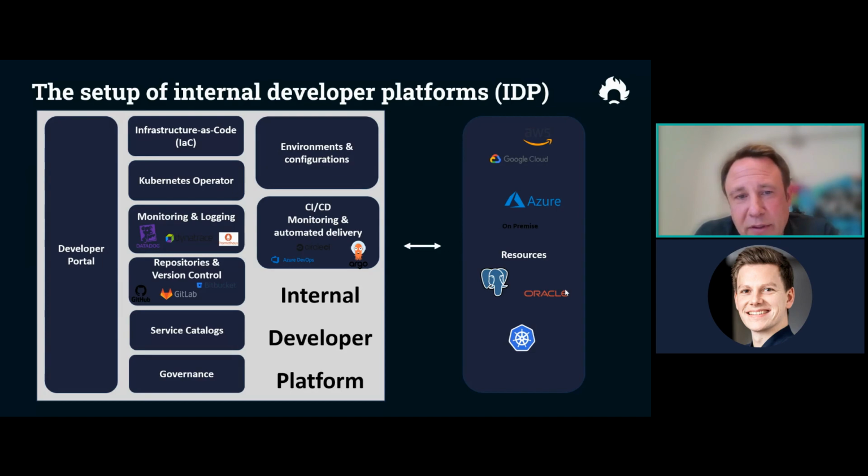A core element is typically Kubernetes operator, which connects Kubernetes clusters with the developer platform, helps orchestrate workloads and resources in the cluster, provides insights into metrics and traffic. You have aggregated monitoring and logging for observability.